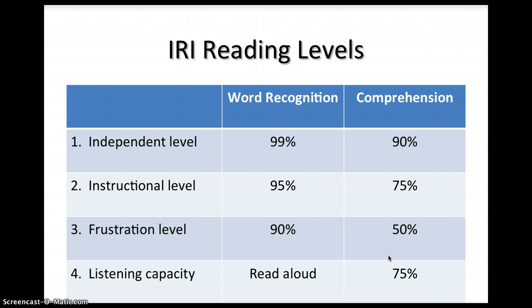So let's look at the actual reading levels of students. The primary purpose of an IRI is to obtain information about where you're going to place a student as far as reading groups or remediation groups, that sort of thing. The teacher needs to know what level of material is going to produce the most optimum results. It's very crucial for low achieving readers.